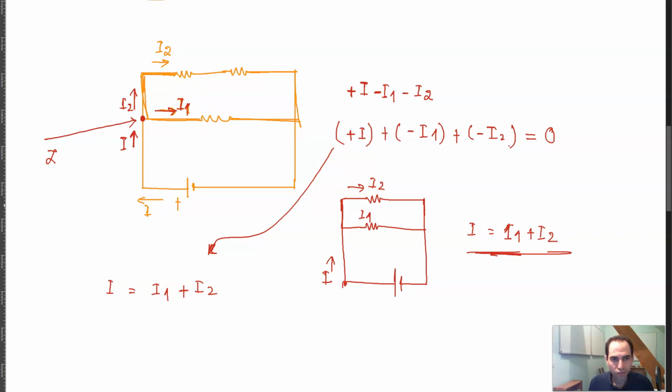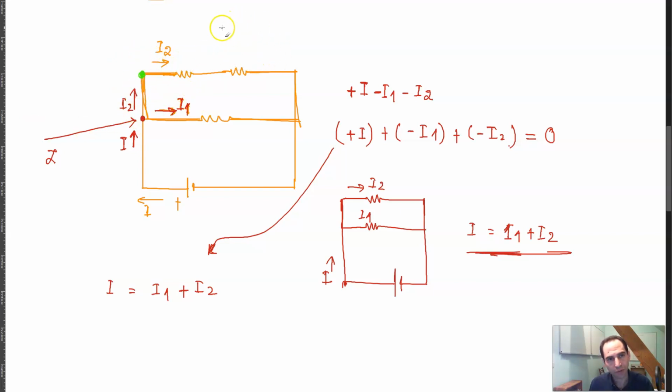And so that's basically what Kirchhoff's current law is. And for every point, or every node, you can do the same thing. At this node, for example, I2 is coming in and I2 is going out.